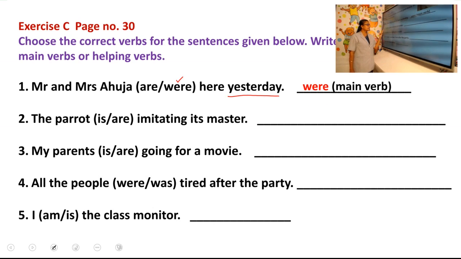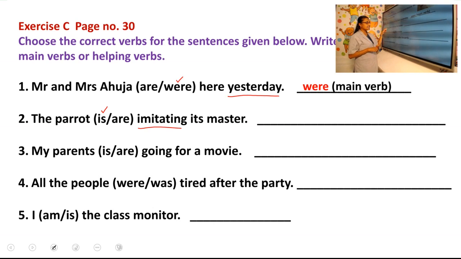Next, question number 2. The parrot is or are imitating its master. So here parrot is the subject, that is singular. So we have to use the singular verb. Which is the singular verb here, is or are? Yes, very good. It is. So the parrot is imitating its master. And how many words are here in this verb? Imitating is also a verb, that is the main verb.